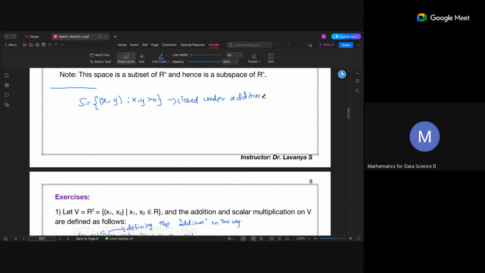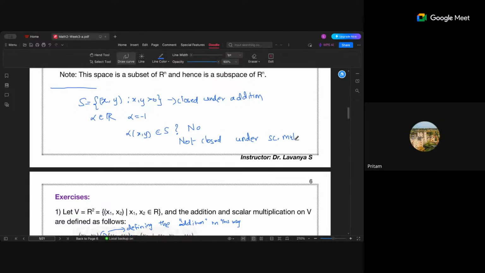No. Let's take alpha equal to -1, because alpha is in R. What about alpha times x comma y? Does it belong to S? No, right? So this is not closed under scalar multiplication. Got it?